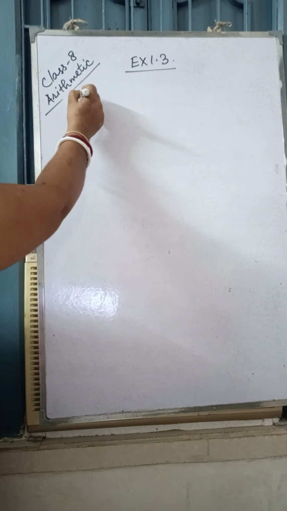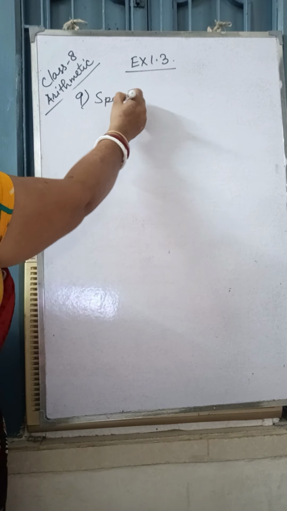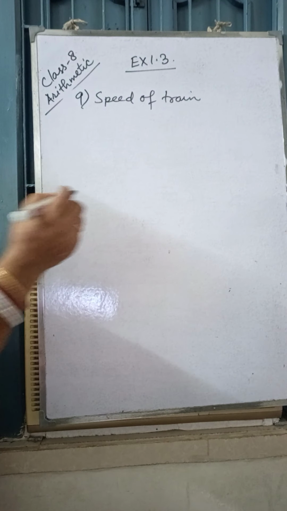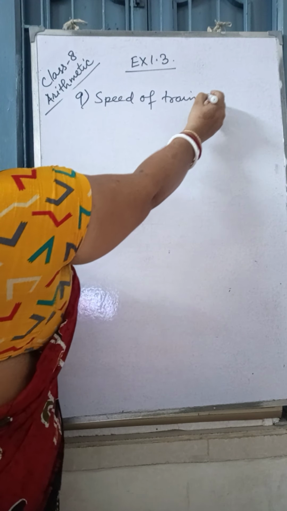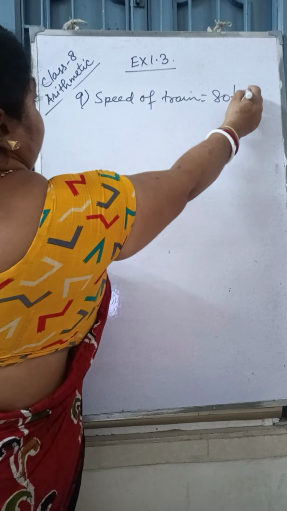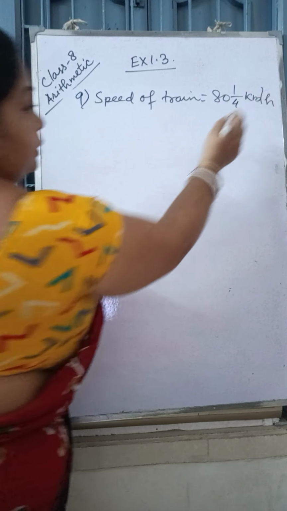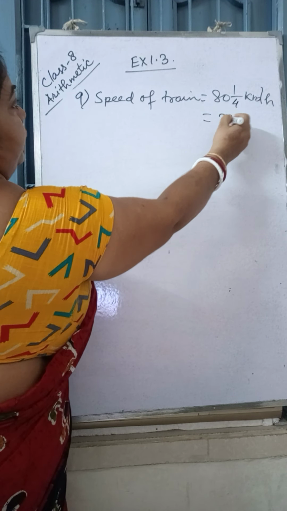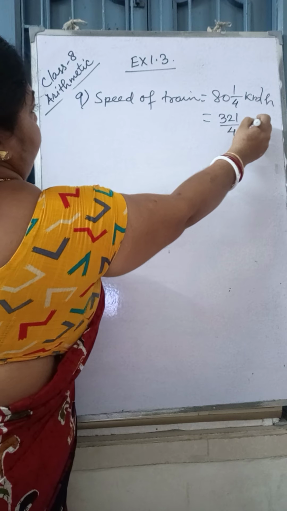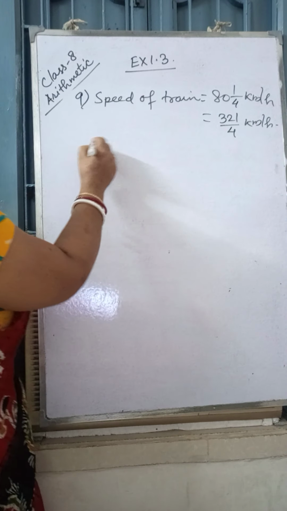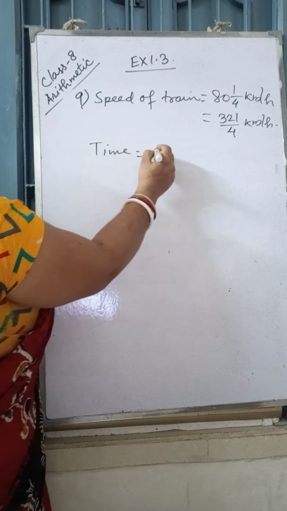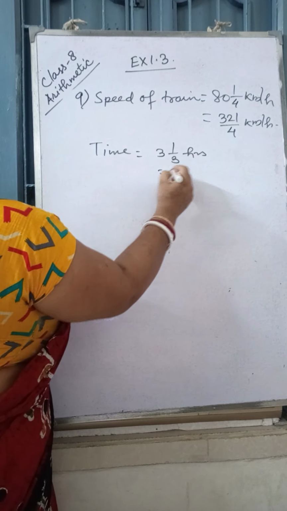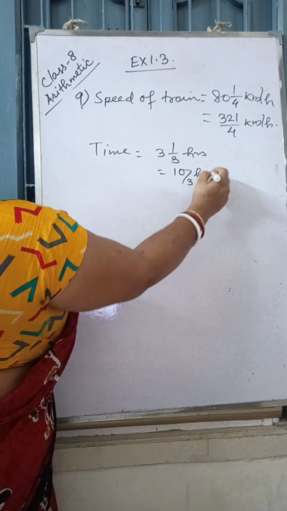Question number 9. Speed of train is equal to 80 whole 1 by 4 km per hour, or it gives you 321 by 4 km per hour. Time is given 3 whole 1 by 3 hours, that is 10 by 3 hours.